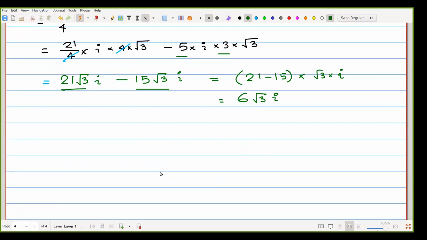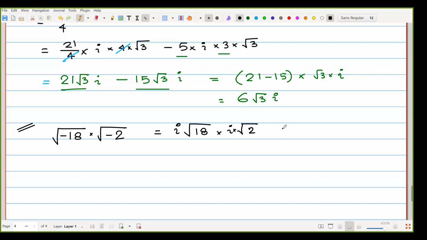Okay. Now next problem. Next problem is square root of minus 18 into square root of minus 2. Here we are writing square root of minus 18 as i into square root of 18, into i into square root of 2.